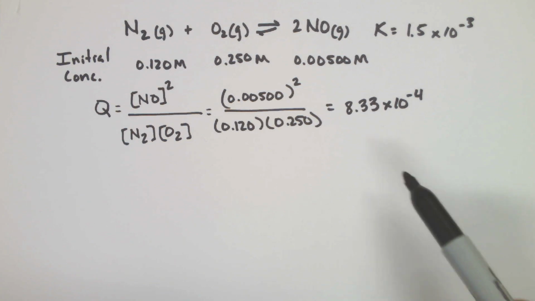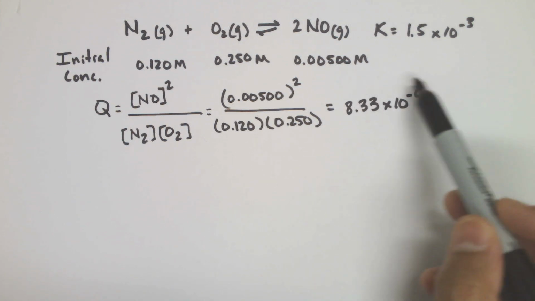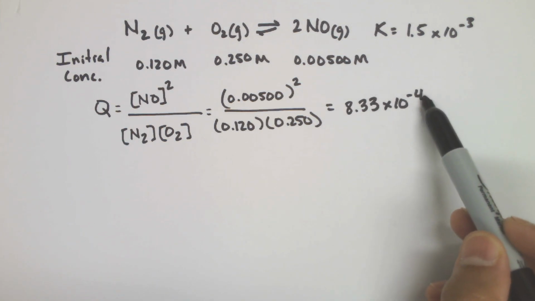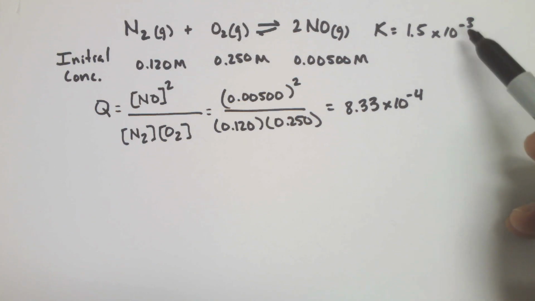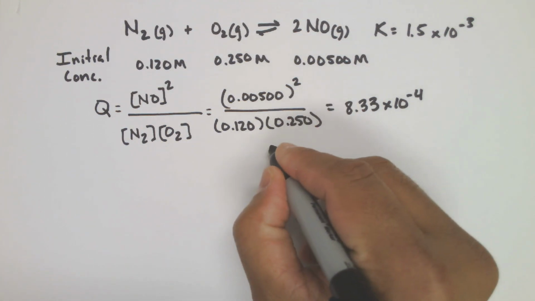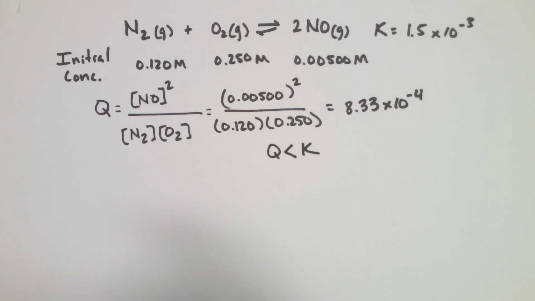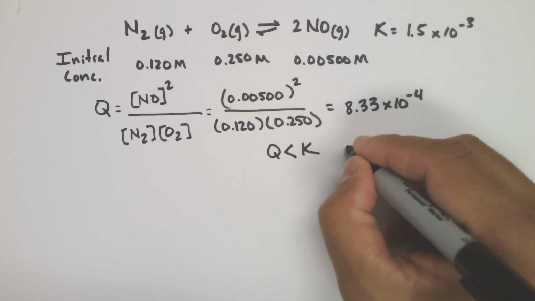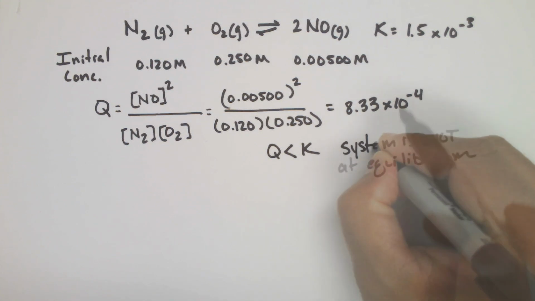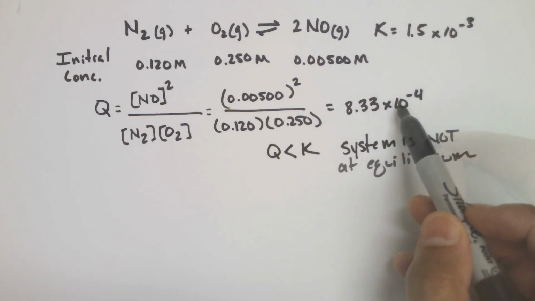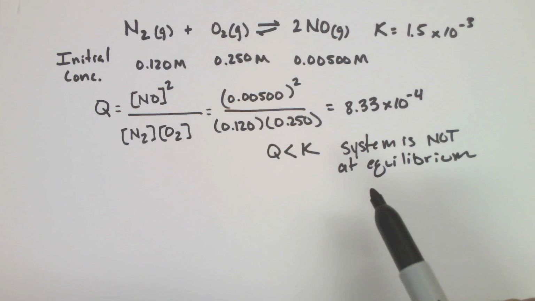You can definitely tell that our reaction quotient is smaller than our equilibrium constant. So Q is less than K. So this ratio is too small. The system is not at equilibrium. Because it's too small, it needs to get bigger.